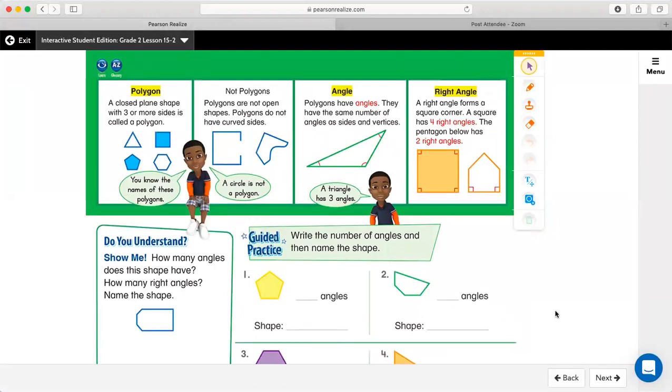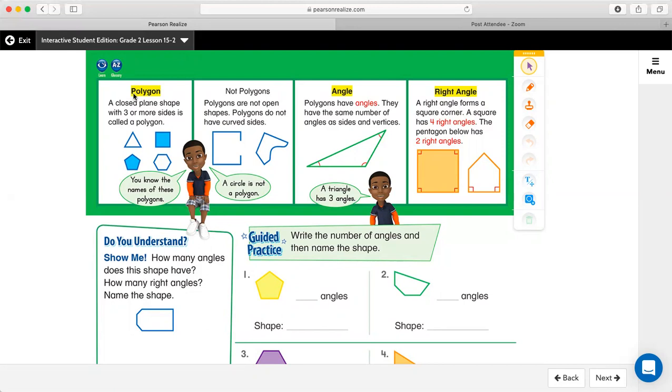Okay, so we're focusing on 3 words here today, and they are the words in yellow. So the first thing that we're going to focus on is this word polygon, and polygon is a closed plane shape with 3 or more sides. Okay. So on Thursday, when we started this new topic, we talked about a closed plane shape.